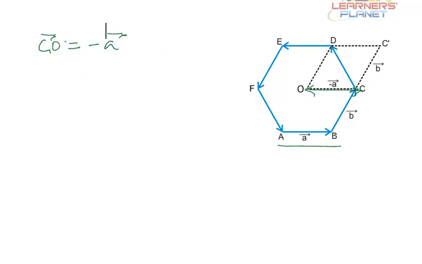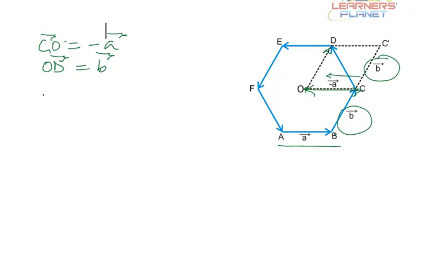Now if you extend BC further, then this CC dash will be equal to B, and if you move this vector towards O, then OD will be parallel to BC vector or CC dash vector. So OD vector will be equal to B.